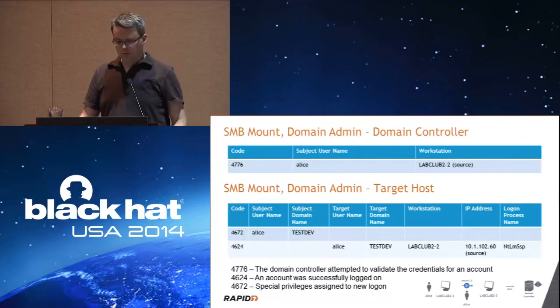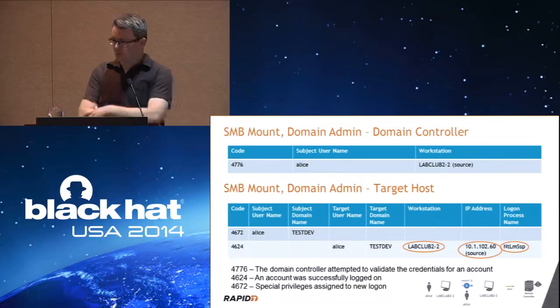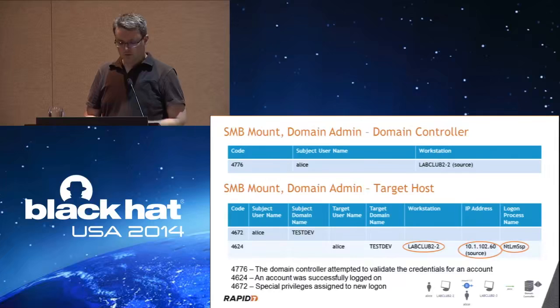So when the mount occurs, the domain controller sees an auth from the source machine, but there's no information about the target machine. So you see that Alice, the authentication from the domain controller's perspective, the validation of the credentials just occurred on the source machine, nothing related to the target machine.